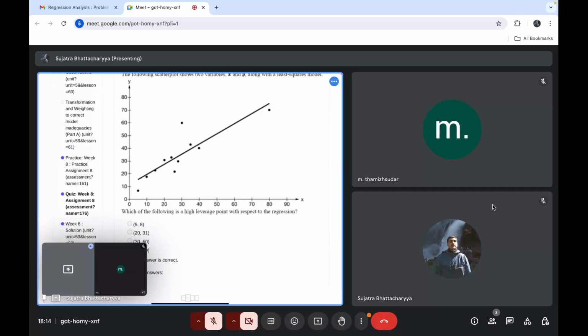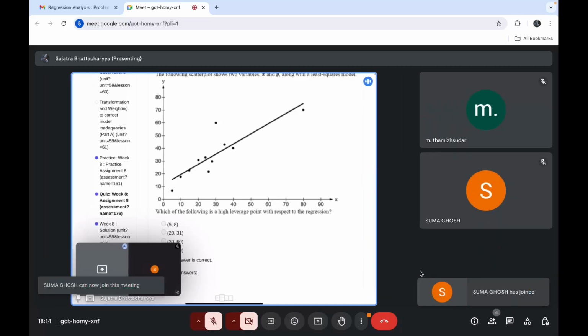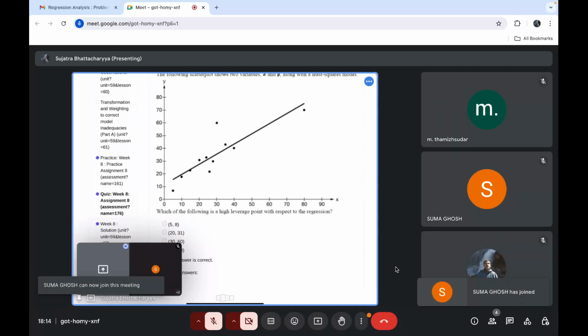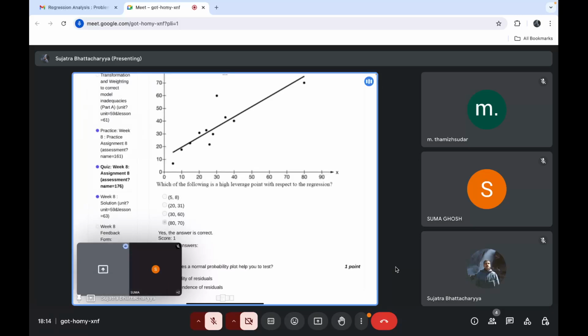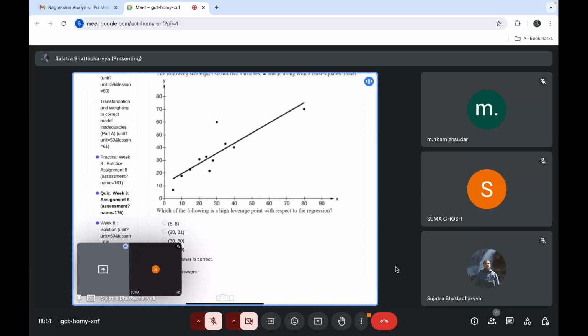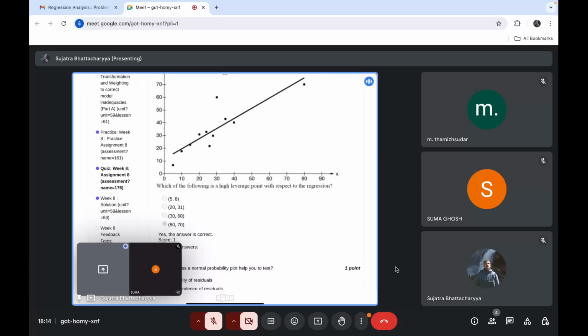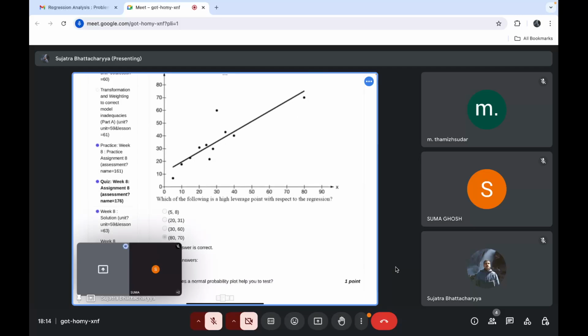However, an observation at the extreme right, at some 80 or 90 or so, has an unusual x coordinate. You can clearly identify that, right? So that observation which has an x coordinate of about 80, greater than 50, only one is present. That is the leverage point.